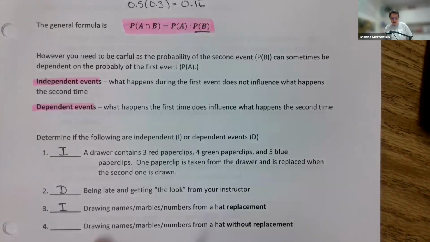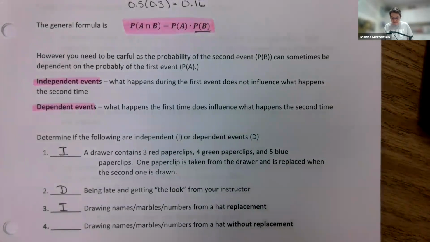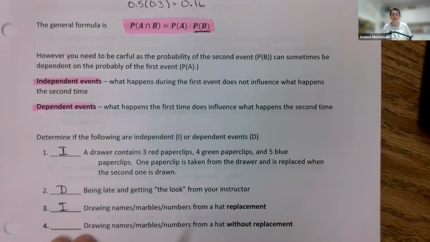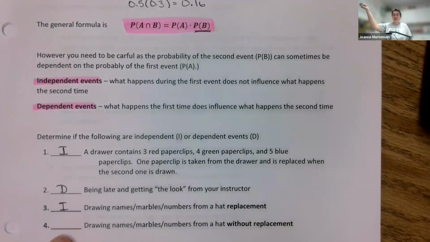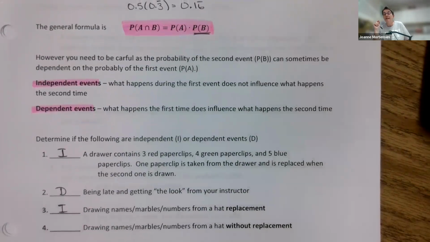However, if you did the same thing, and let's say I pulled your name out again, and by the way, you only have 1 ticket in my example now. So you had a 1 in 100 chance the first time, you have exactly a 0 in 100 chance the second time. So what happened first affects what happens second.